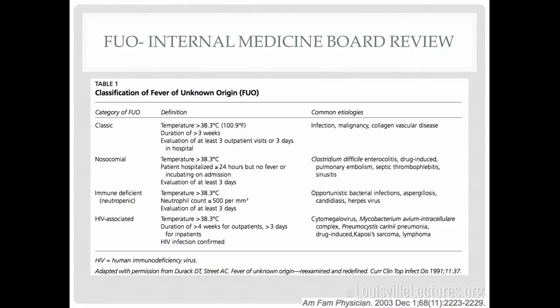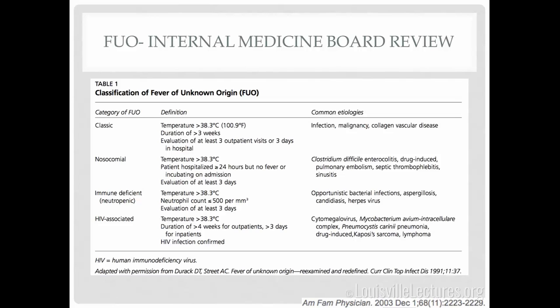And this is just a table kind of outlining things that fall in the different categories. So like the classic, you see here infection, malignancy, collagen vascular disease. Nosocomial, C. diff was included in there, although today we do know we have some community-acquired cases, right? And of course the neutropenic patients with all the infections that go along with that, including aspergillus and candidiasis.